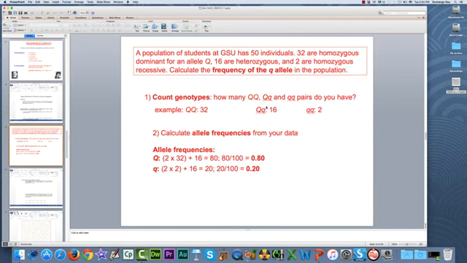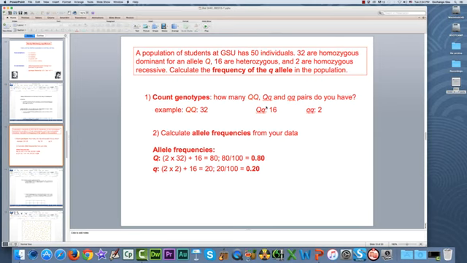All right. So, the first thing we need to do to solve this kind of problem is to count genotypes. What do we mean by genotypes? We mean how many homozygous dominant, heterozygous, and homozygous recessive individuals we have in a population.